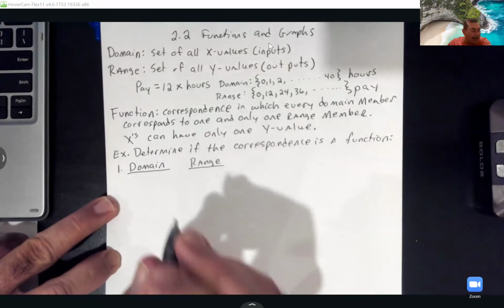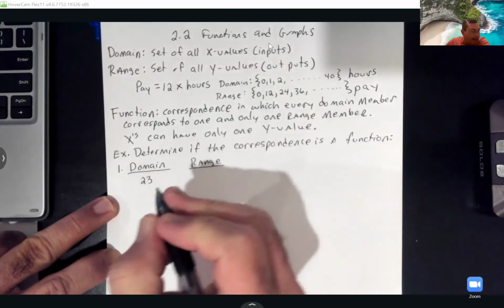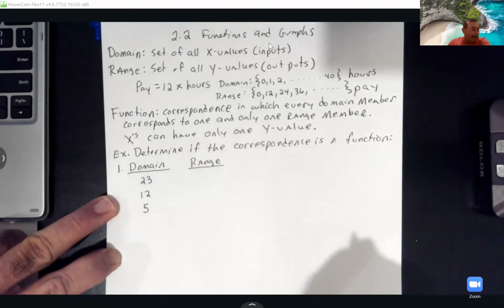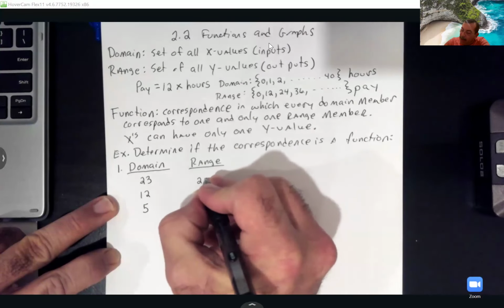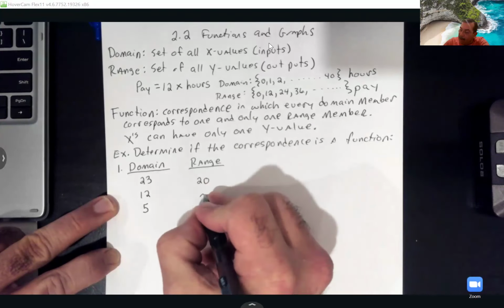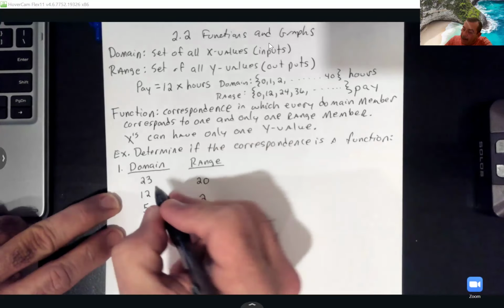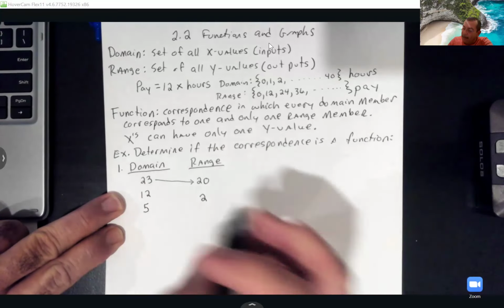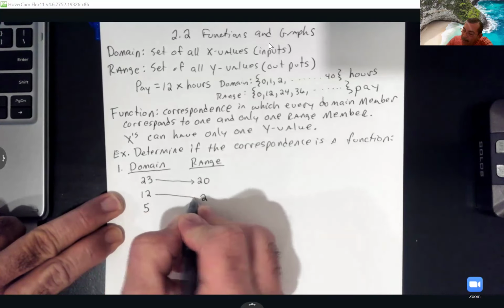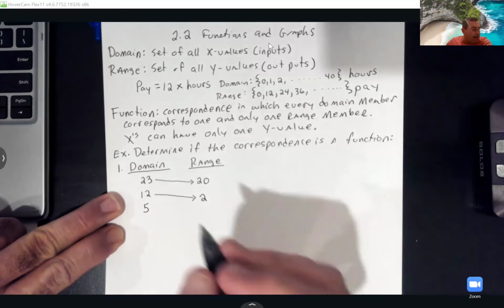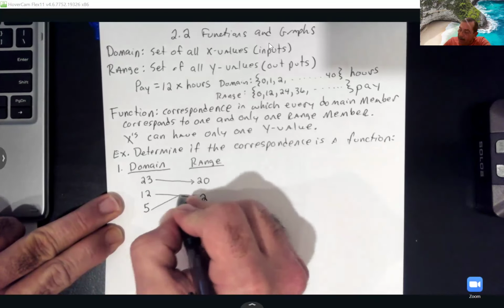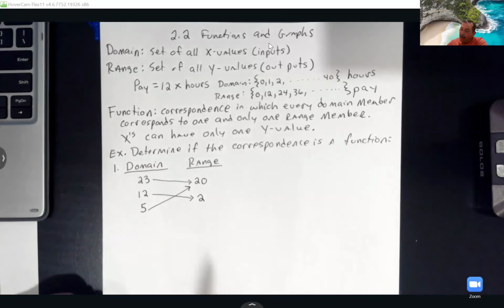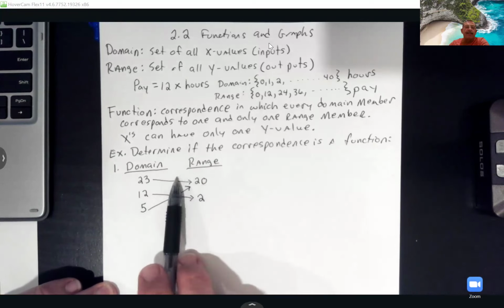So for my domain, I got 23, 12, and 5. The range they're giving me are 20 and 2. Now here's what they got. The 23 points to the 20. 12 points to the 2. And the 5 here points to the 20. So we need to determine if this is a function.